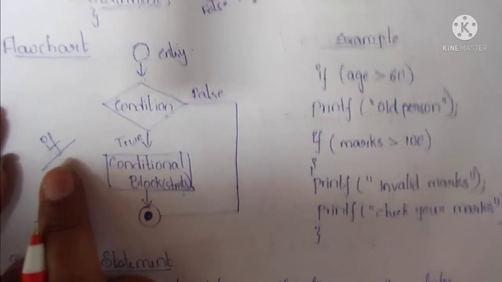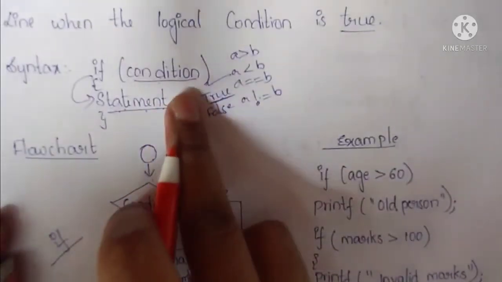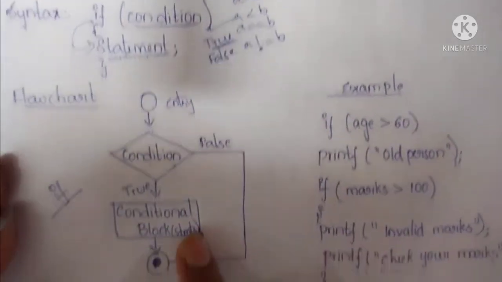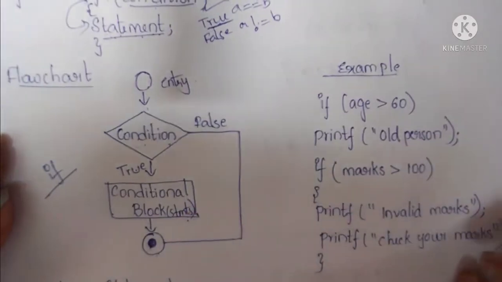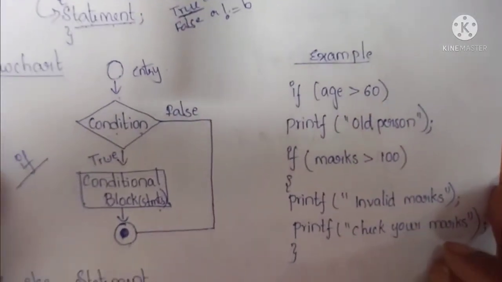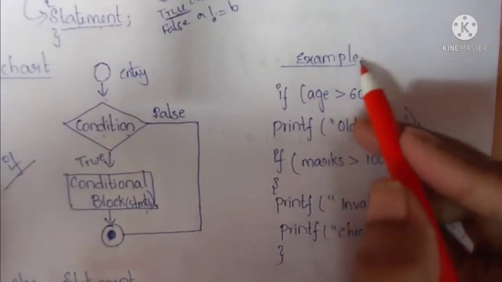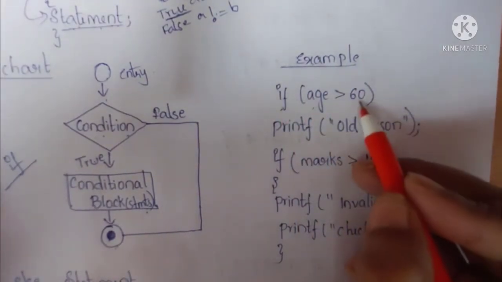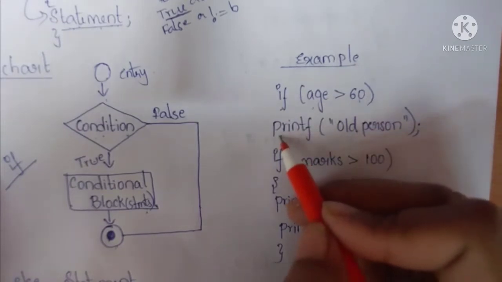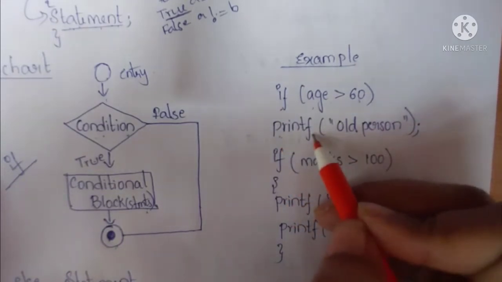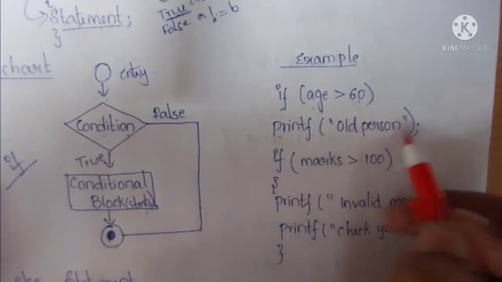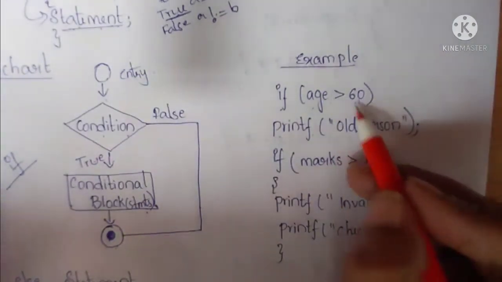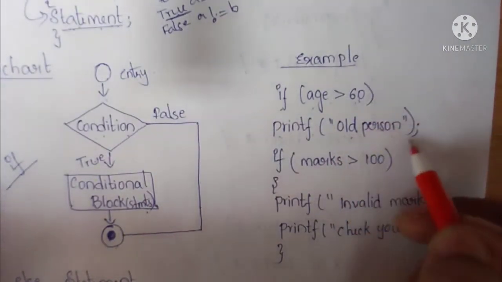We have seen syntax and flowchart. Now we will see the example for the if statement. Look at the example here. If age is greater than 60, I am writing printf old person. If his age is above 60, we have to print old person.